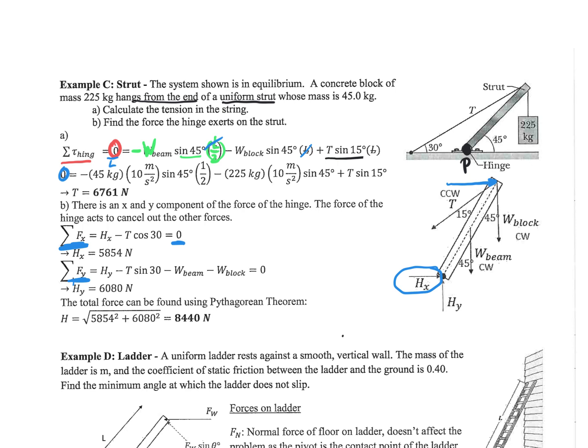Which, if you think about it, if this is 30 degrees, then this is also 30 degrees, isn't it? Along the wire. So that's why it is T cosine 30. So this chunk would be literally T cosine 30 degrees. Okay?